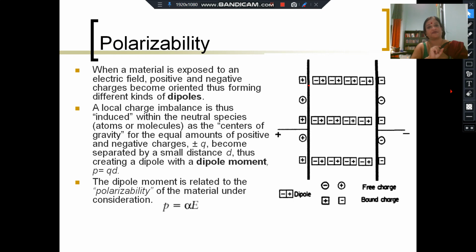Free charges come from the supply. Work needs to be done to bring them from infinity and put them somewhere on the electrodes, as long as the dielectric does not break down. However, polarization involves the movement of internal bound charges. There are no free charges involved.